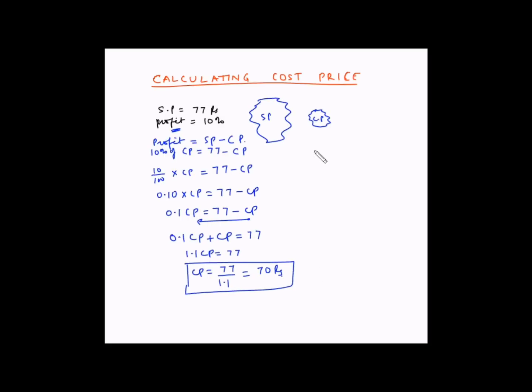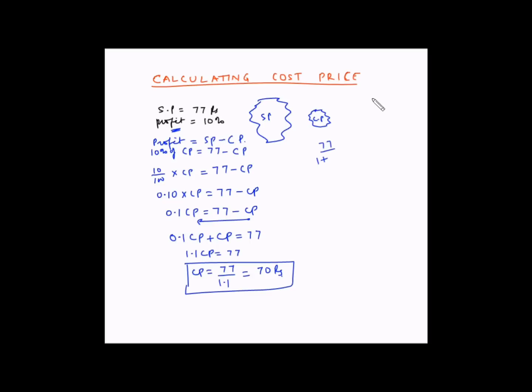Now if we want to calculate the cost price really quickly, and we have been given the selling price and the profit percent, then what we can do is put the selling price on top of the fraction and divide it by 1 plus the profit percent divided by 100. So 10 divided by 100.